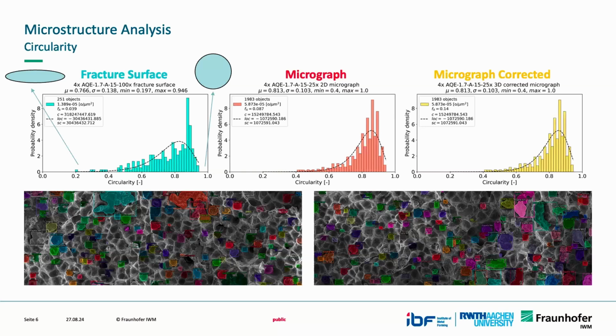And not only that, we also see that the more extreme elongated particles of a shape factor or a circularity factor of 0.2 to 0.4 are seen here, whereas these things are not detected if you use the micrographs. That makes sense if you think about what we're looking at, because that's the whole point of doing this.